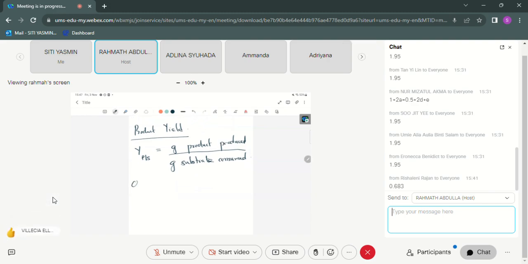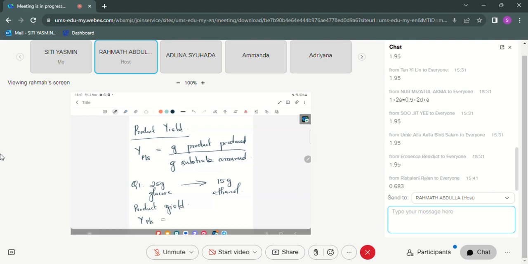Now I can use this to calculate the product yield. Okay. So 25 grams of glucose produces approximately 15 grams of ethanol. Please calculate the product yield, which is Y P over S, and this is always in gram per gram. So what's the answer?